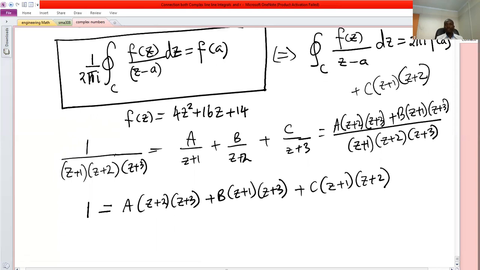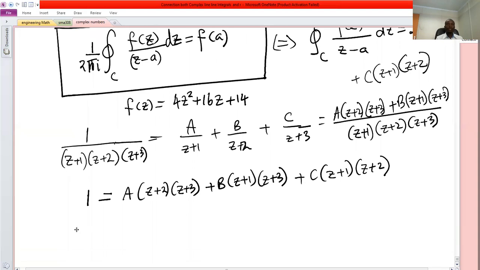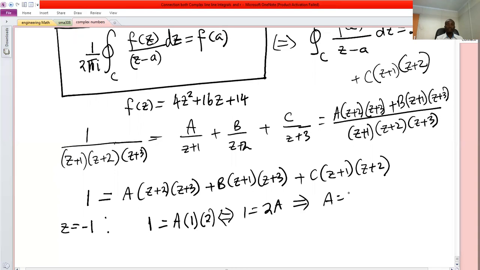Now, there are many ways of decomposing into partial fractions. One of the ways, let me say, if I fix z to minus 1, then I'll have 1 equals a into (minus 1 plus 2 is 1)(minus 1 plus 3 is 2). That tells you that 1 equals 2a, so therefore a equals a half.